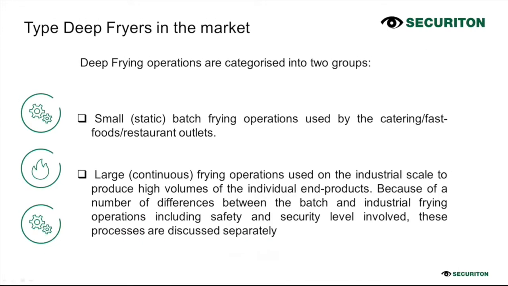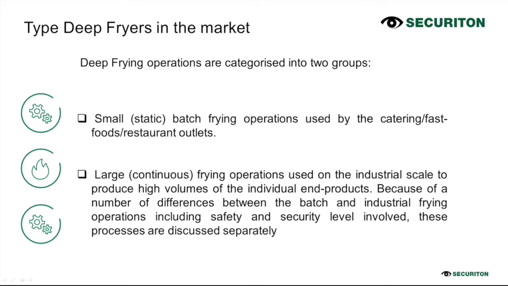With that note, let's look into the types of deep fryers available in the market. Deep frying operations are normally categorized into two groups. The first one is the small type, or the static batch frying operation, which you could normally see in commercial chains like KFC and McDonald's.